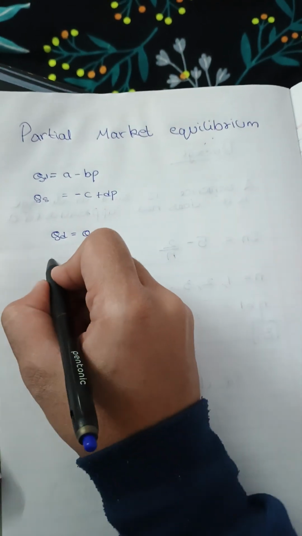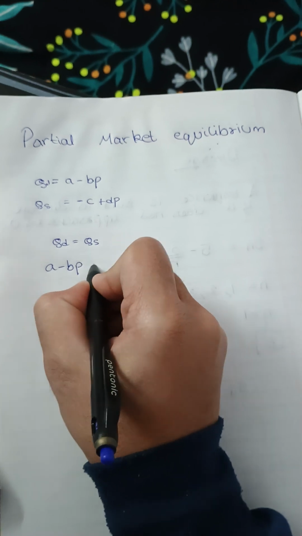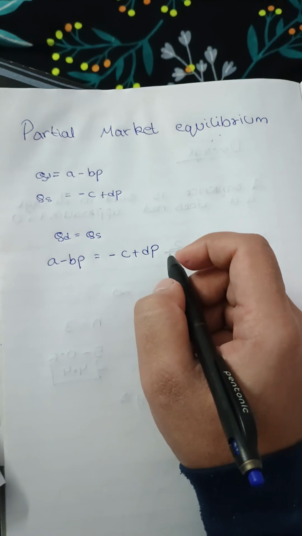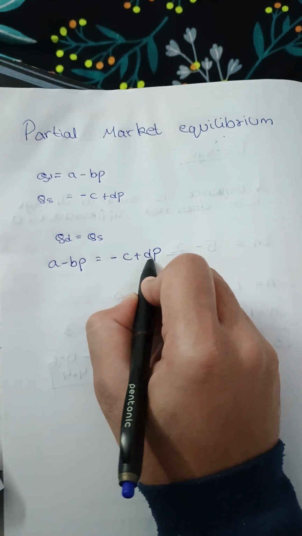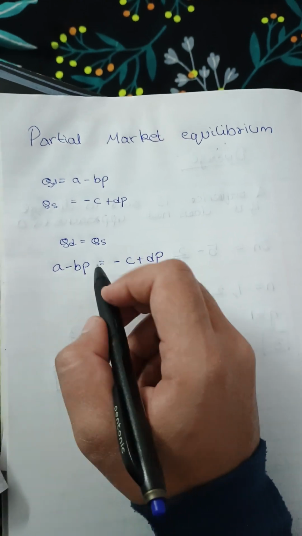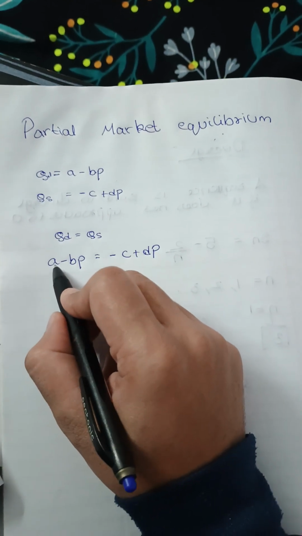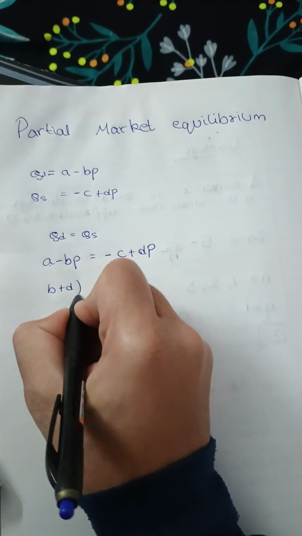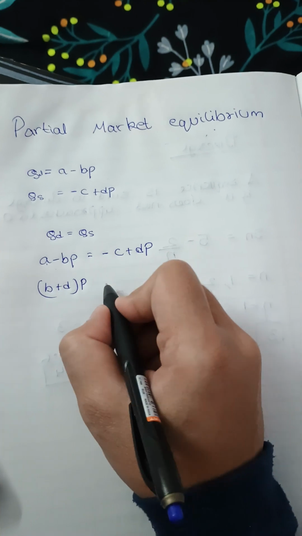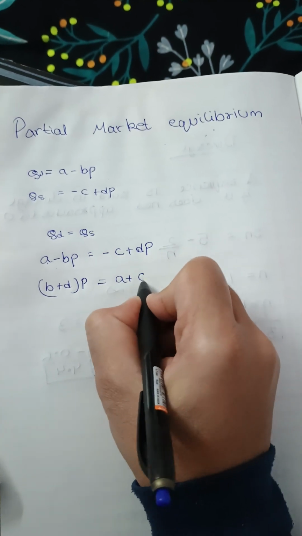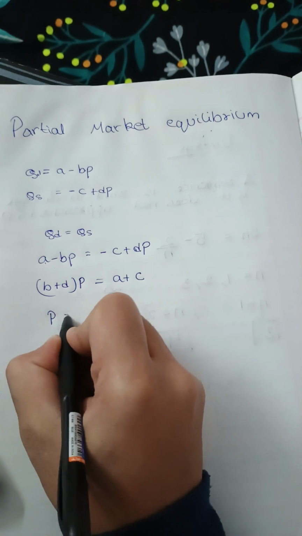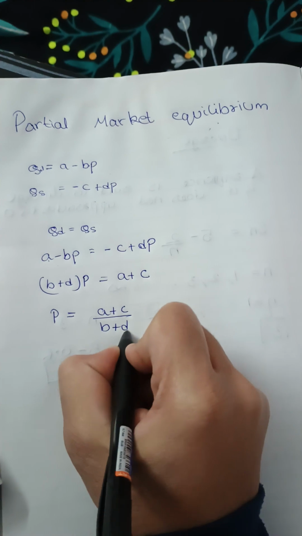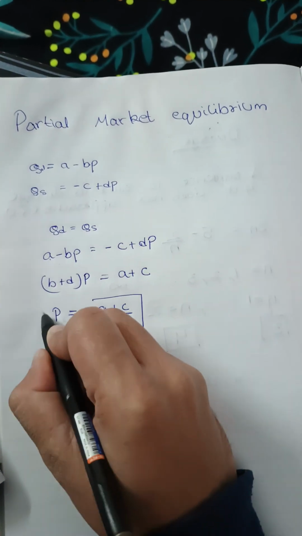Substituting these equations, A minus BP equals minus C plus DP. Moving DP to the left hand side and A to the right hand side, we get (B plus D) P equals A plus C. So the value of P equals (A plus C) upon (B plus D). This is the value of P.